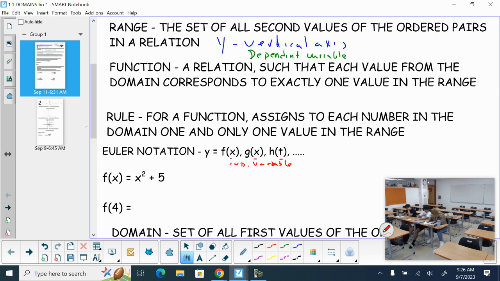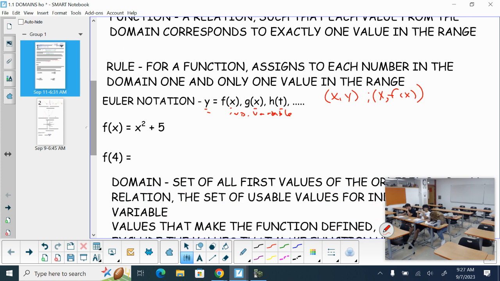The function values, the letters outside, that gives you a function value. That is basically your y value. So your ordered pairs then change from x and y to x and f of x.